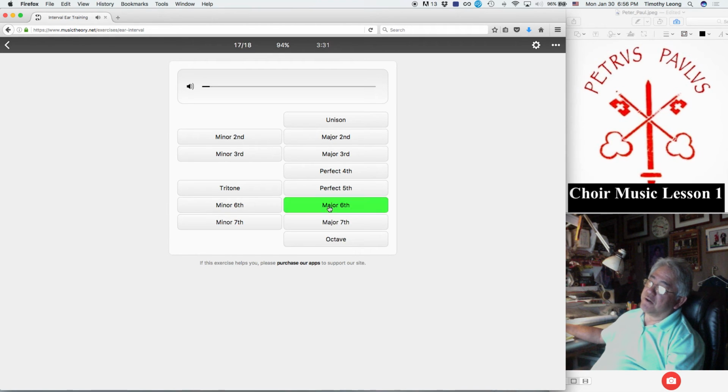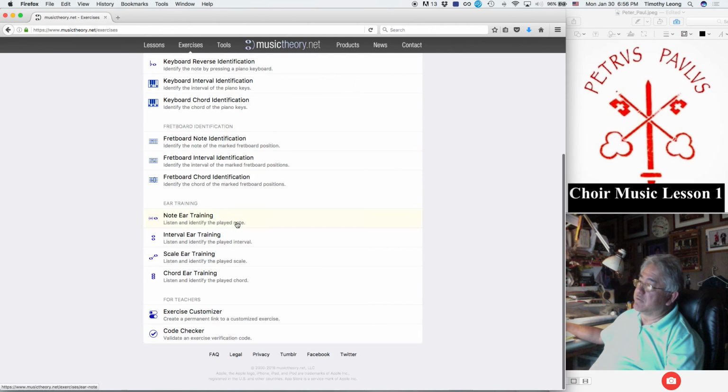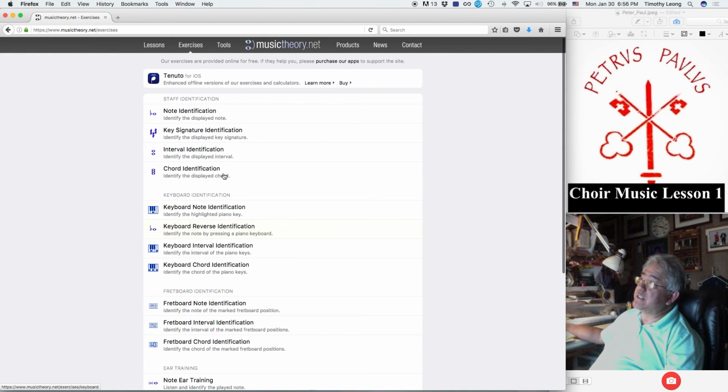See? Anyway, that's how this thing works. This is what I want you to start working on because you need to be able to hear what it is when you see something in your head. And that's what all this is for. So, please mark this www.musictheory.net/exercises.